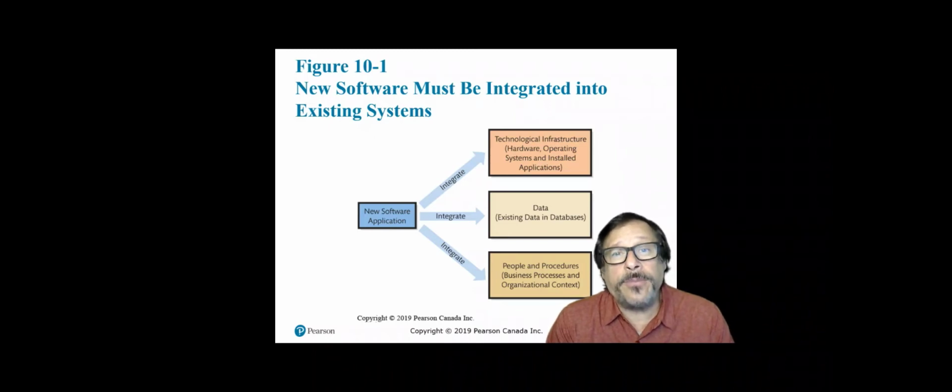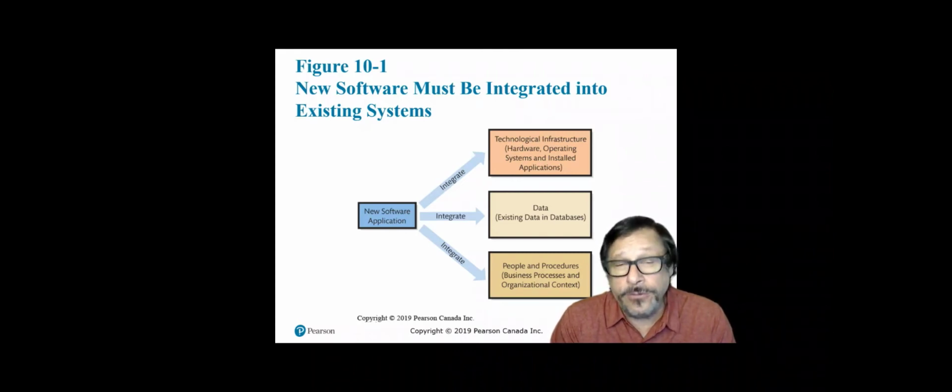Are you going to be able to use all your legacy data with this new system? If not, there's going to be a cost to converting that, because obviously you can't lose that data. Obviously you're going to need to use it. So if the new software doesn't integrate with your existing data, there's going to be that added cost and time and expense of turning around and changing the data so it does fit the new system.